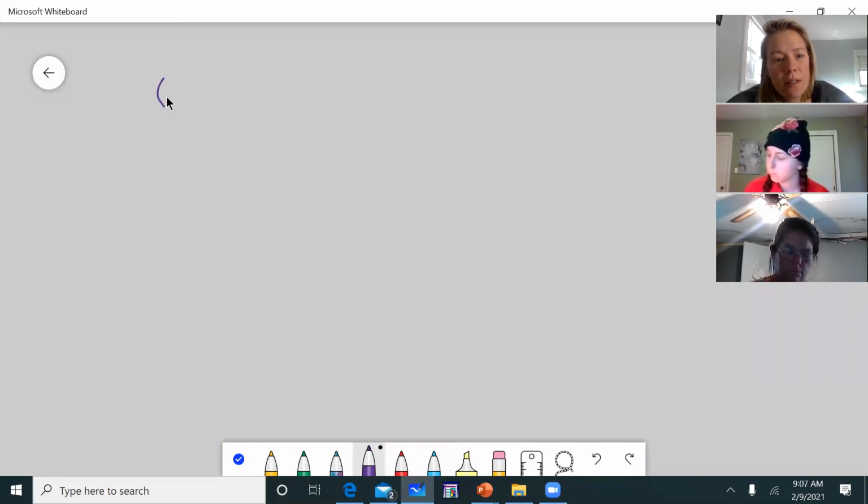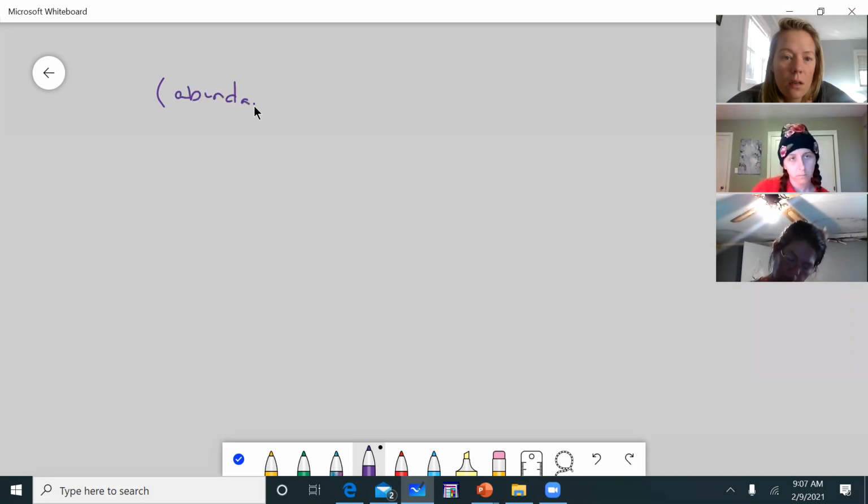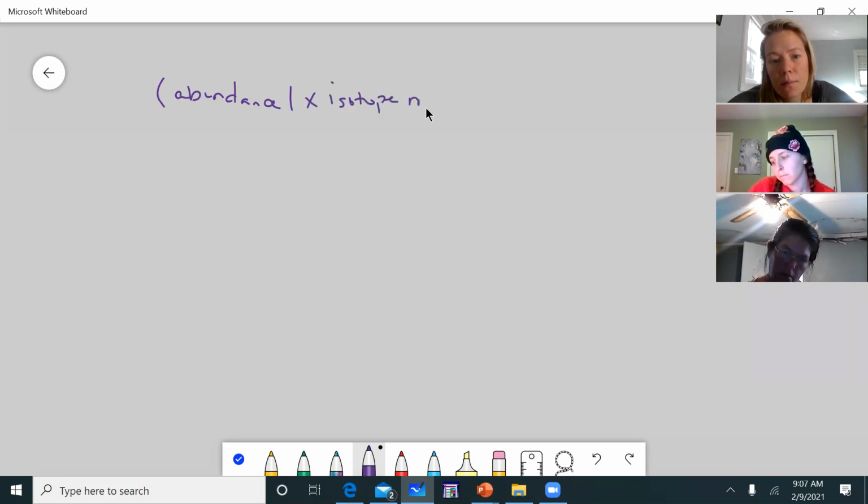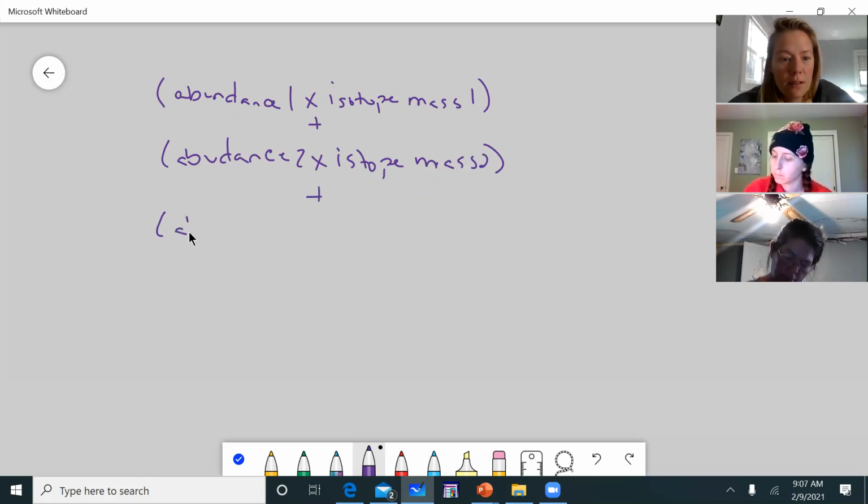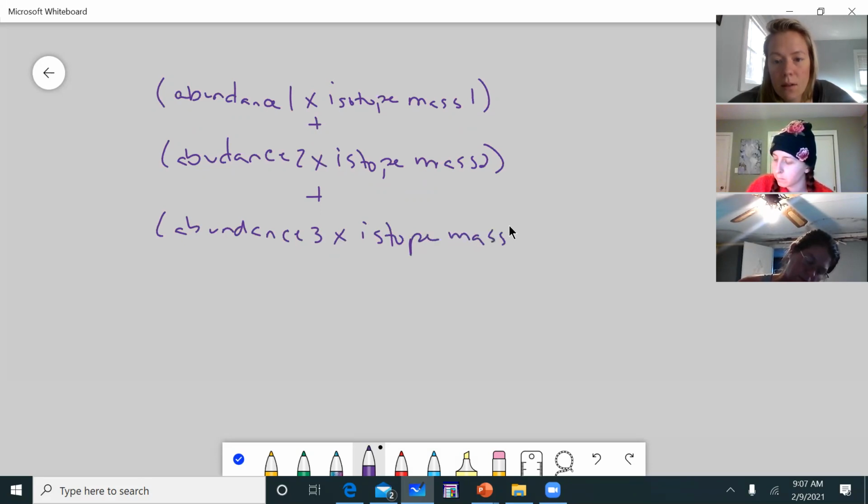So this is how the formula is going to go. It's going to go abundance 1 times isotope mass 1, plus abundance 2 times isotope mass 2, plus, let's go, abundance 3 times isotope mass 3.